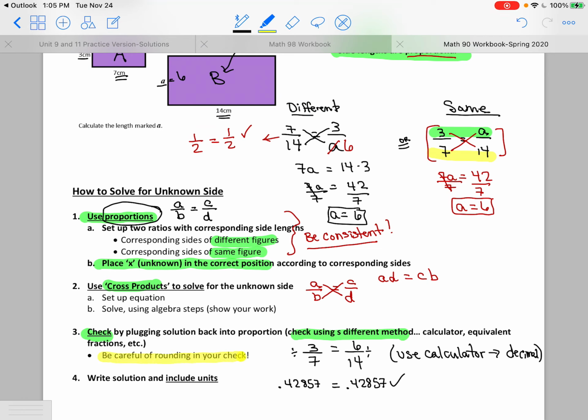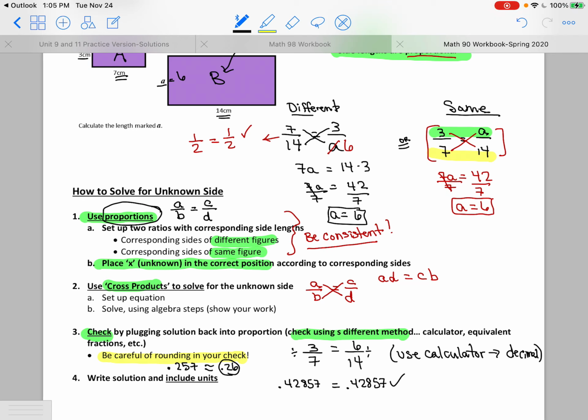I want to point out that you guys need to be very careful when you're rounding. Let's say when you did your original math that you got some decimal, let's just say 2.257, something like that. And you were asked to round, so you would have rounded that to 0.26.